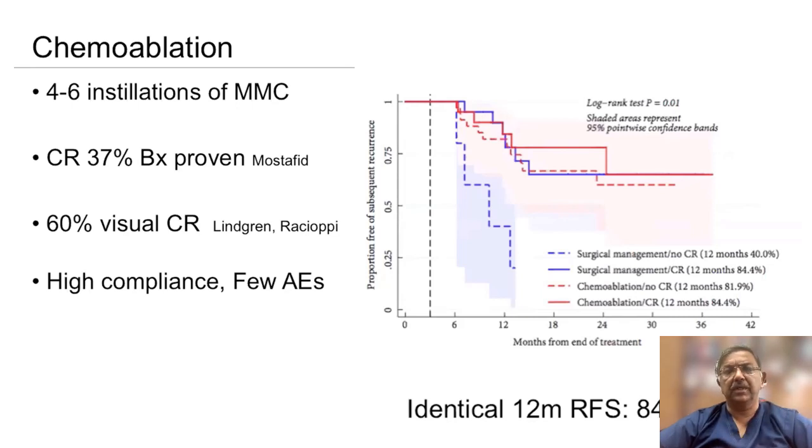So biopsy shows no recurrence of disease. On visible cystoscopy alone, it shows about 60% complete cure rate. So if there is good compliance and fewer side effects, these patients can be treated by chemoablation alone.